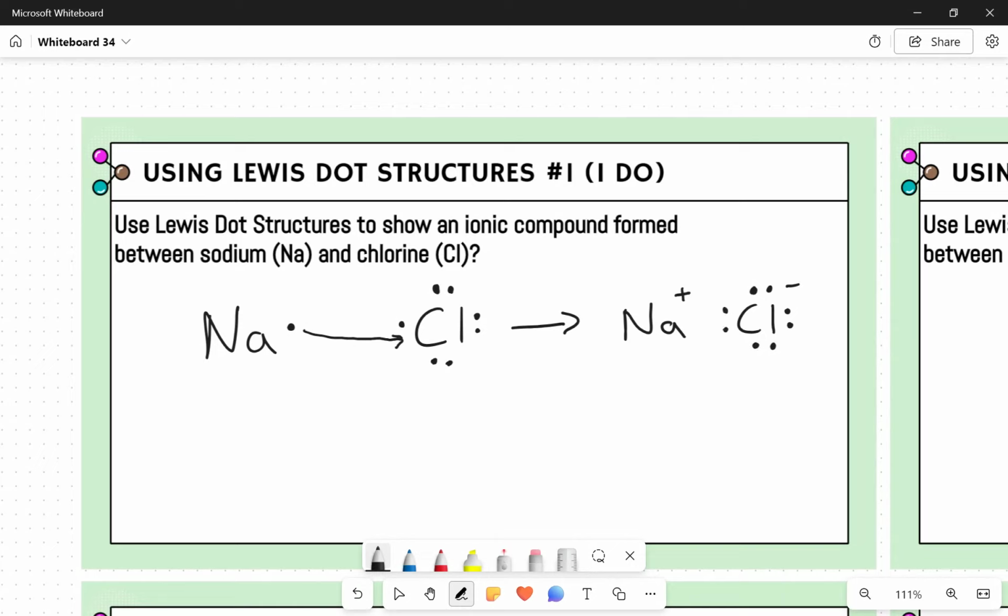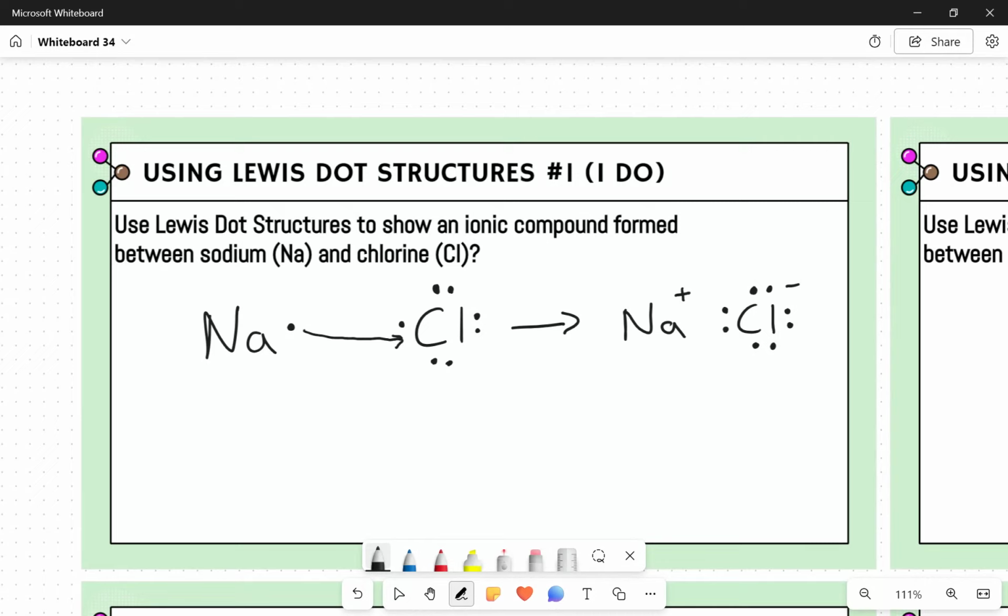And it's going to have a minus charge. Now, a couple things about this. Sodium is now positive because it lost its valence electron, and chlorine is negative because it gained a valence electron.